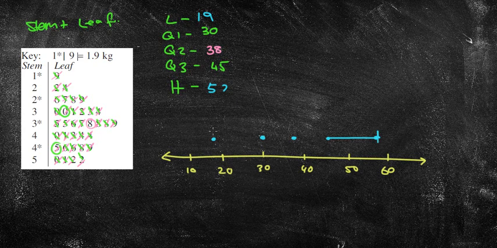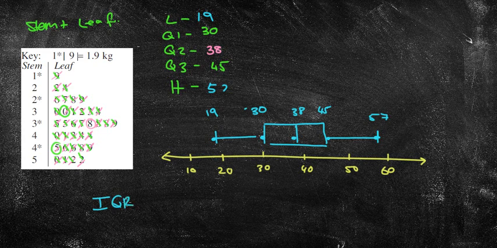Draw my whiskers, draw my box, and my median line in the middle. Once again, they're pretty challenging numbers there, so I'm just going to write the numbers above it, just so we can see. And can you do the interquartile range? So IQR is equal to 45 take away 30, which equals 15.